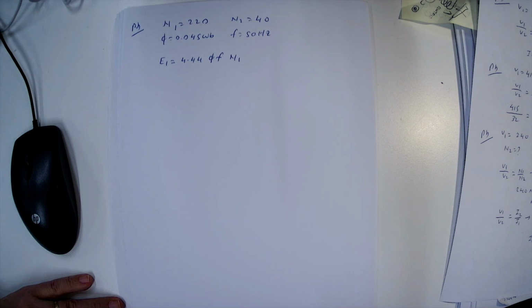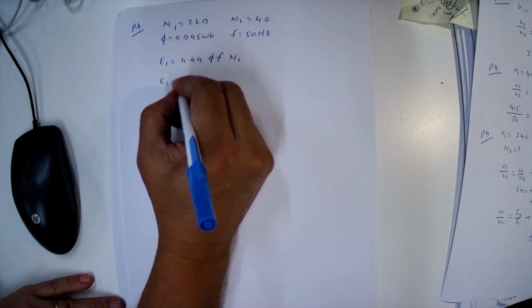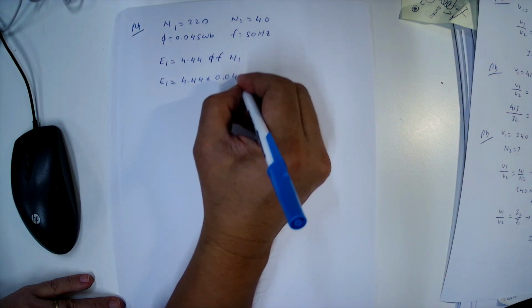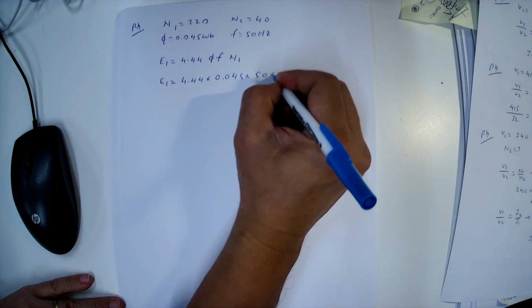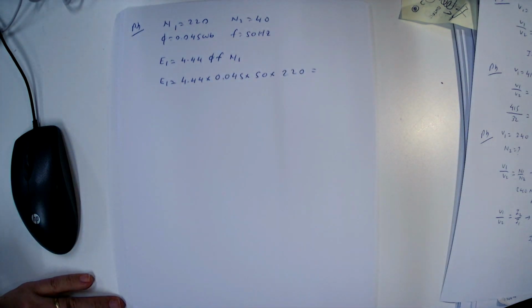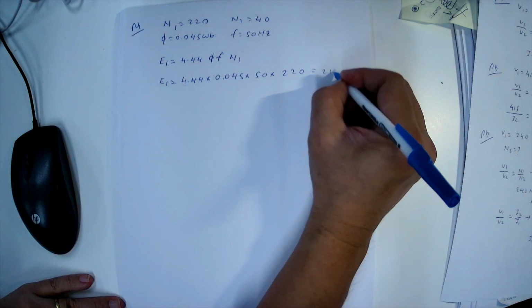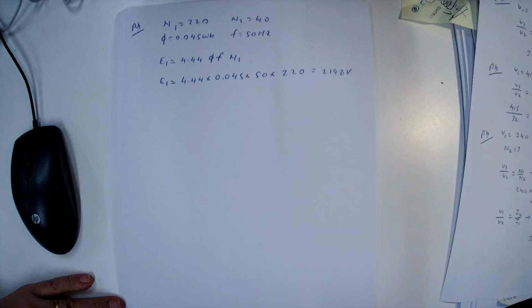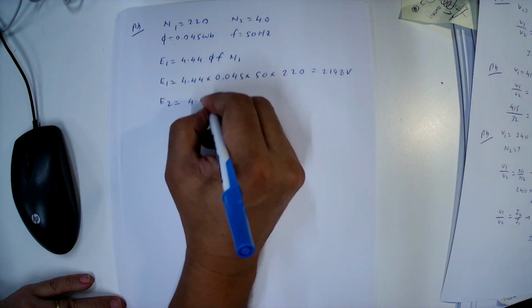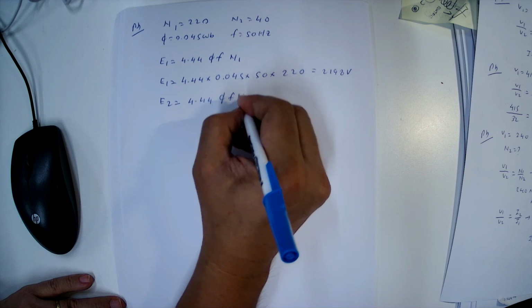So E1 has to be calculated: 4.44, phi is 0.045, frequency 50, number of turns is 220. Then we can calculate the primary voltage as 21984. Secondary voltage can also be calculated. E2 equal to 4.44 phi F into N2.